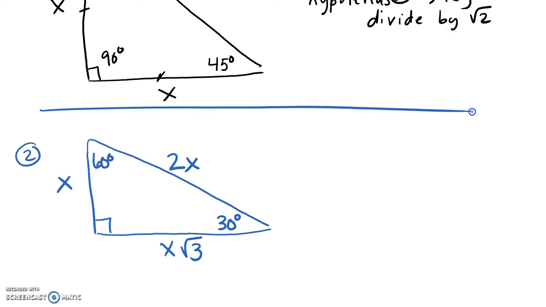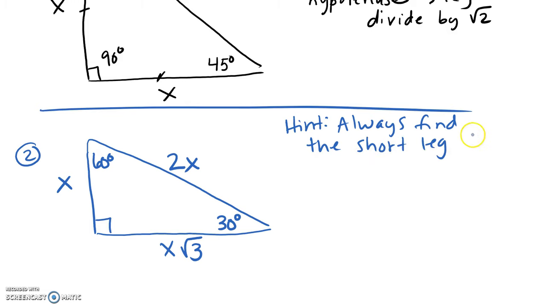When you are solving these problems, the big hint to make your life easy is always find the short leg first. You have to know what the short leg is. This is the important one because that's the one that's x in the formula. Once you have that, the other ones are pretty easy to find.